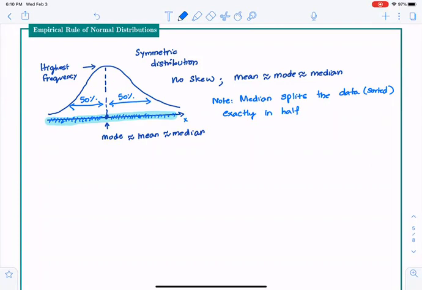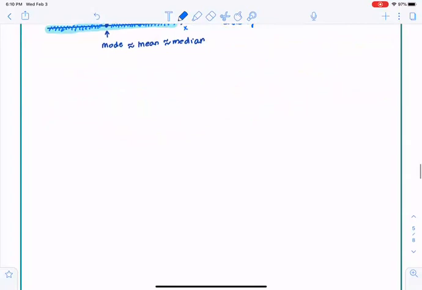Now, you may say, well, what is the connection between the bumpy curve and the observations that we see? The more observations I have over here, the more area I will have under the curve.